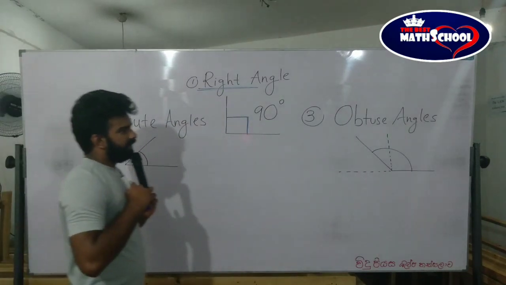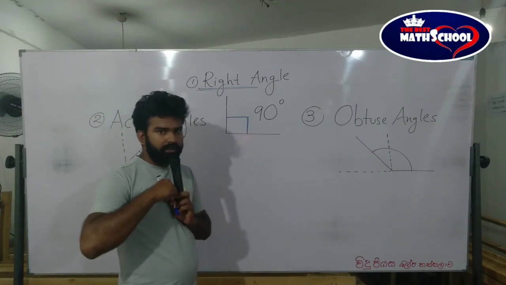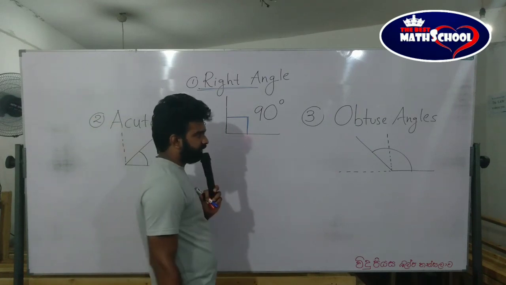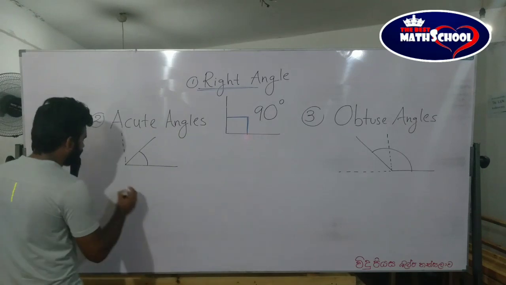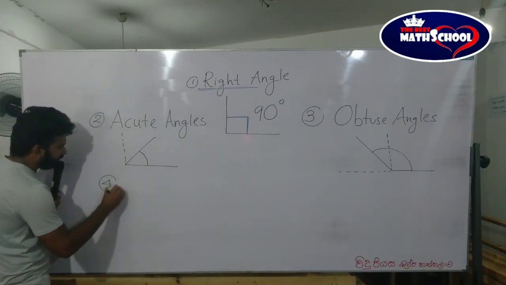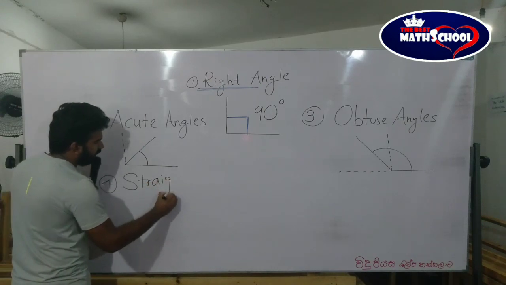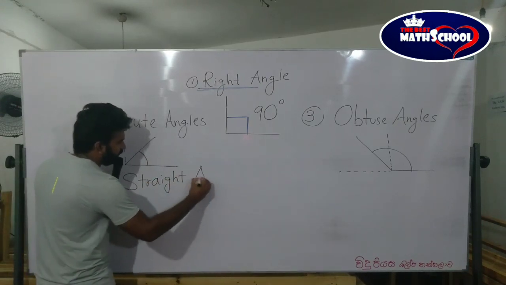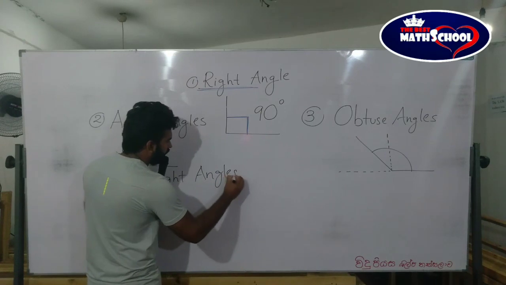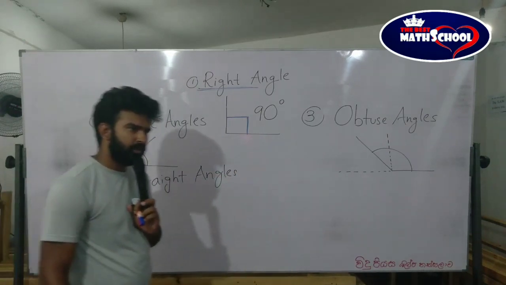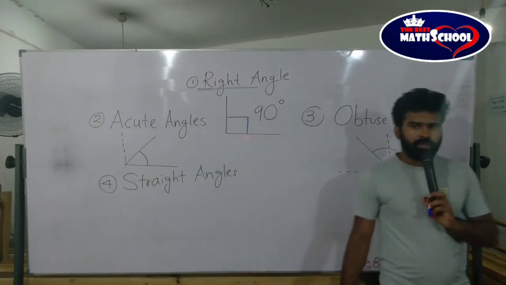Right? After discussing the fourth type, I'll give you the definition. So the fourth type will be, put number 4 and write down the topic, straight angles. Right. What are straight angles?